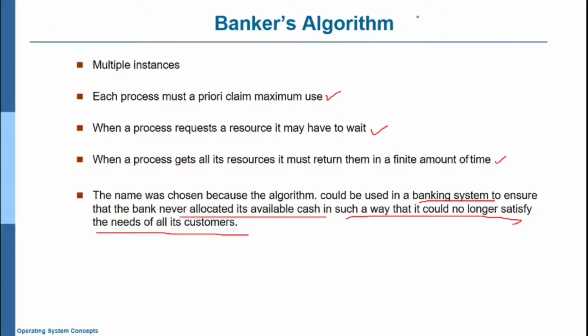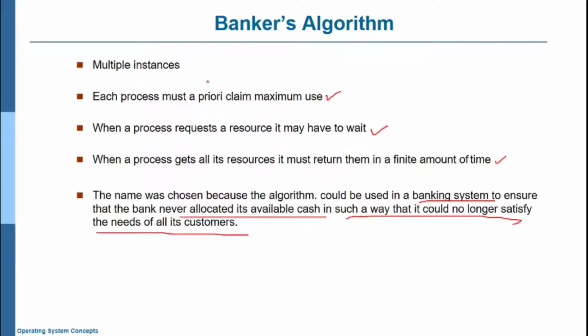In the same way, in our operating system, the Banker's algorithm ensures that the resources available in the system are not allocated to all processes in a way that cannot be satisfied. What is available can be allocated; otherwise the process has to wait in the queue. Compared to the resource allocation graph algorithm, the Banker's algorithm is less efficient.